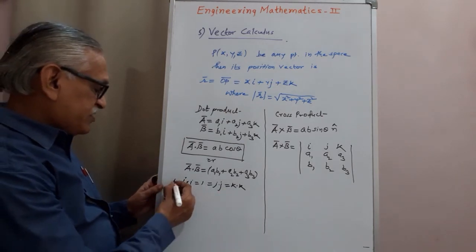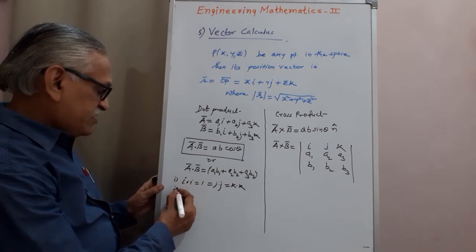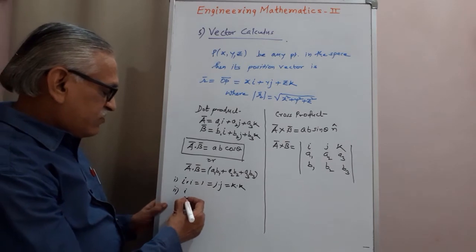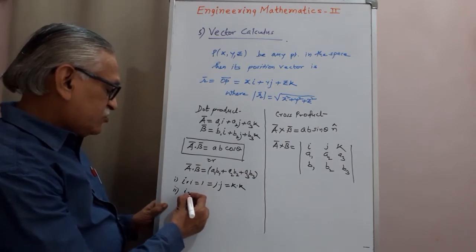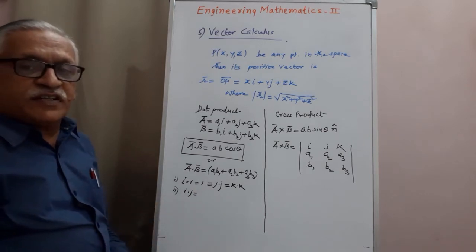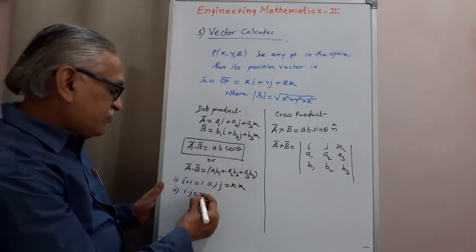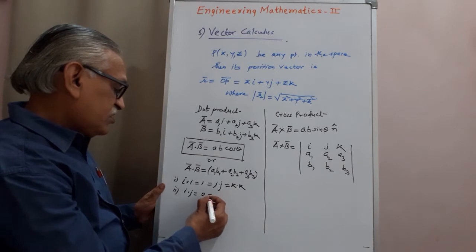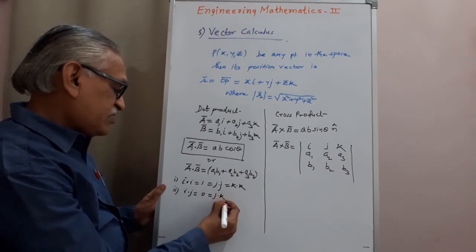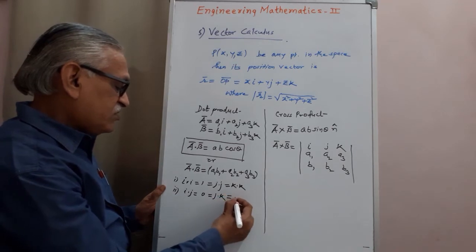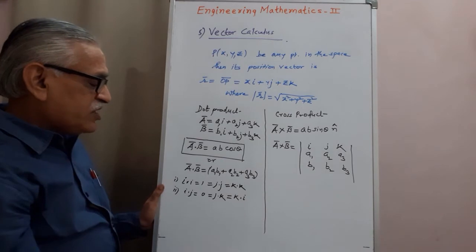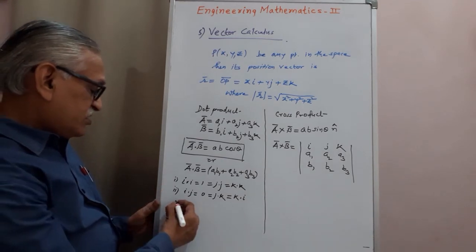This is the first property. Second property, i dot j: the angle between the two vectors is 90 degrees, cos 90 is 0, and therefore we get 0. The same for j dot k and k dot i. All values are equal to 0.